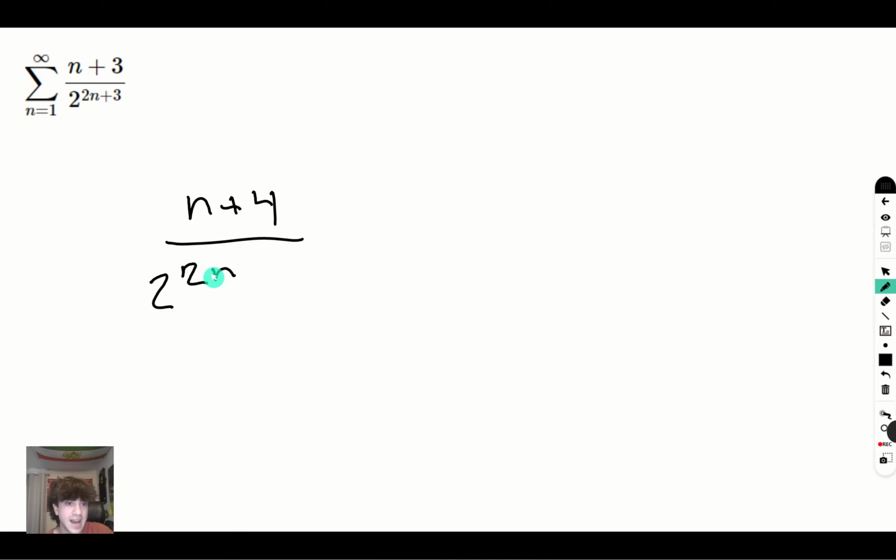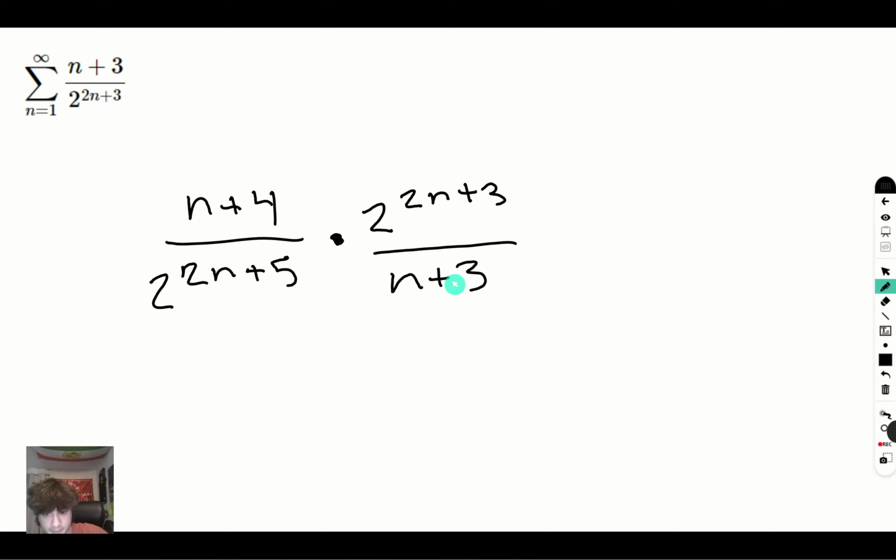For every n we add 1, so since there's 2 n's, we have to add 2. 2 plus 3 is equal to 5, and then we multiply that by 2 to the 2n plus 3 over n plus 3. Here we go. And our final step is to see that this one is going to be 2 2's greater, because once we simplify this, this is going to have 2 more 2's being multiplied.